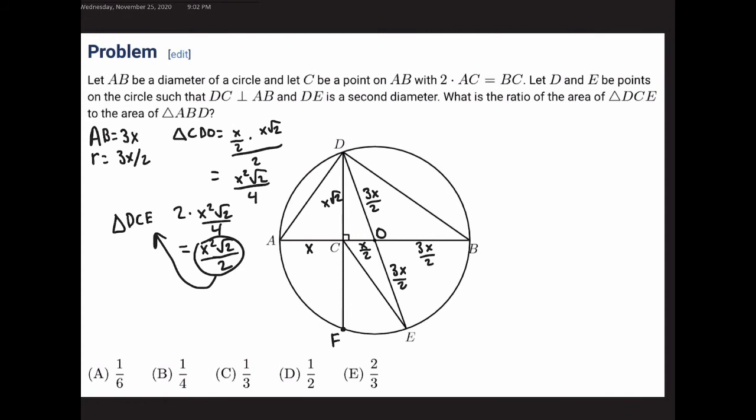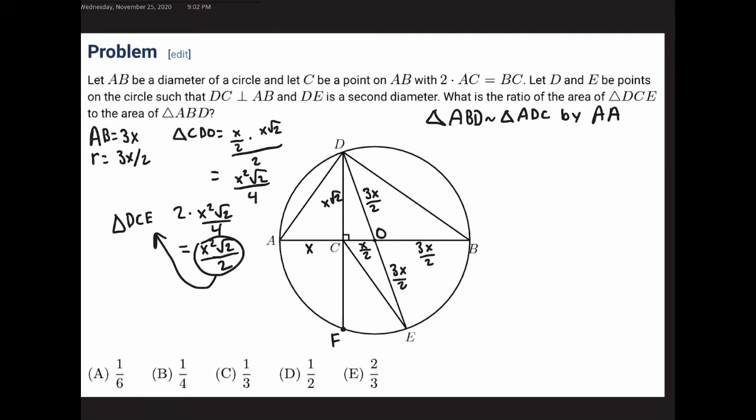Something I noticed immediately while solving this problem was that triangle ABD is similar to triangle ADC. Similar by angle-angle similarity, because they both have a right angle right here, and triangle ABD has a right angle because any triangle inscribed in a semicircle has to be a right triangle, since it's an inscribed angle.